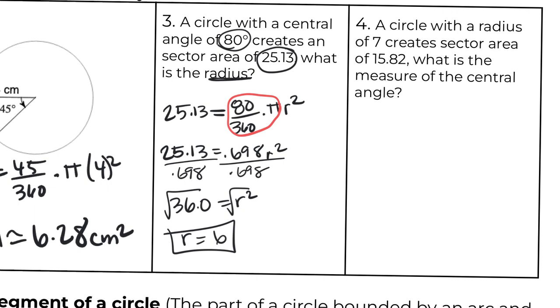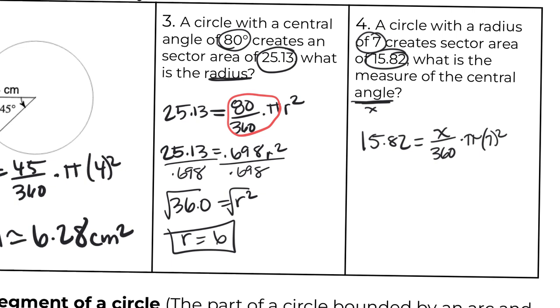This time they tell me that the radius is 7 and that my area is 15.82. I'm trying to solve this time for the angle. So that's where my variable will go. I'll just call my angle x. So I know that the area, which is 15.82, equals the angle, this is my percentage of the circle. I don't know what that angle is, so I'll just leave it as x. But then I'm going to times it by my total area, which is pi times 7 squared.